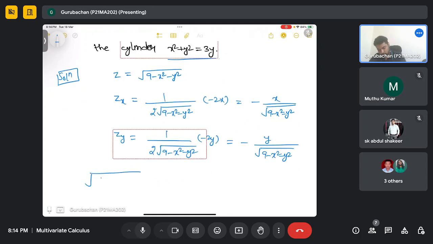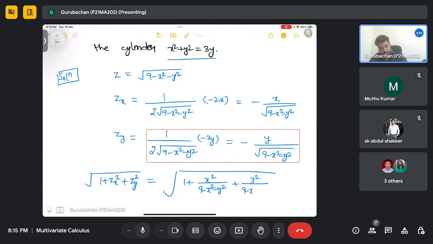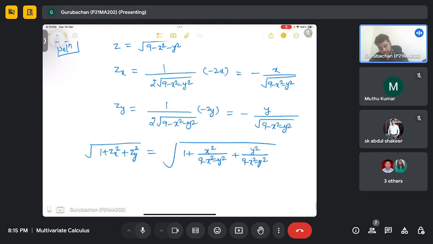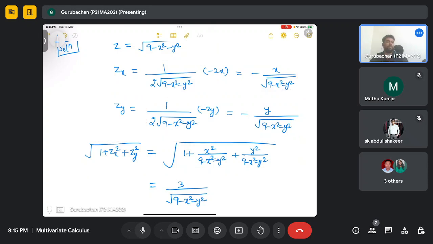So under root 1 plus zx square plus zy square corresponds to 1 plus x square plus y square over 9 minus x square minus y square. This will give us 3 by under root 9 minus x square minus y square. This we will get from here.